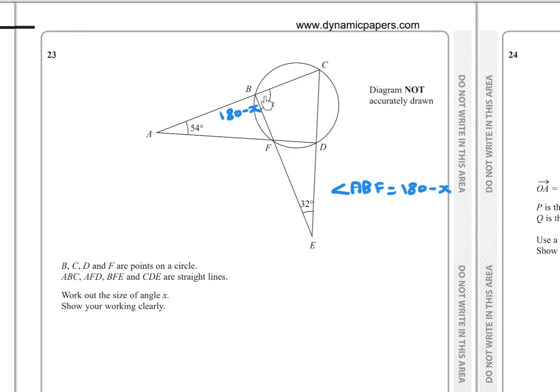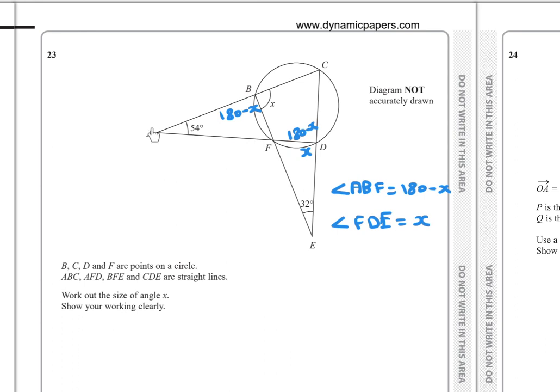And if this angle is x, because the exterior angle of the cyclic quad equals the opposite interior angle. Or you can deduce that if this angle is x, the opposite is 180 minus x. So you can deduce that angle EDF equals x. So this angle is 180 minus x, this angle x. So now angle FDE equals x.